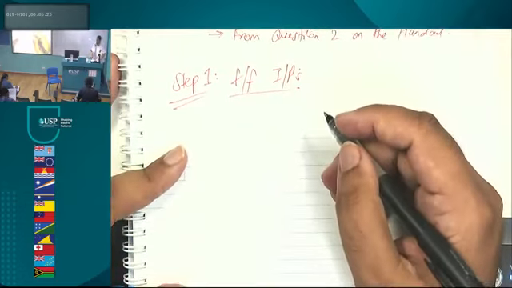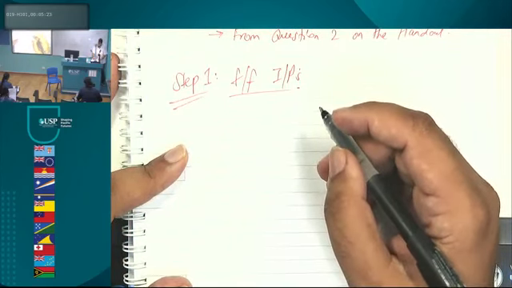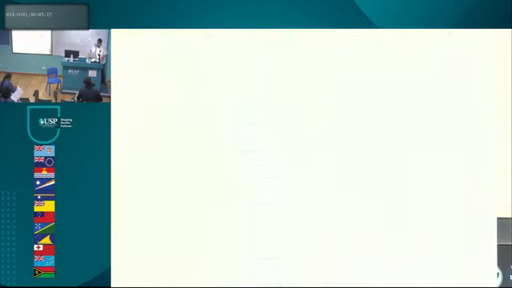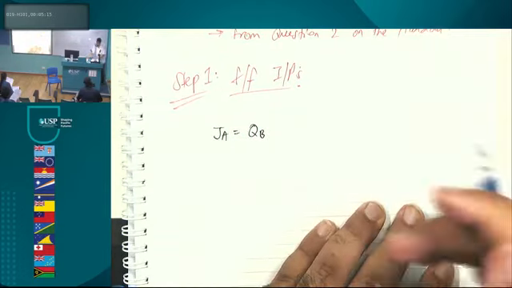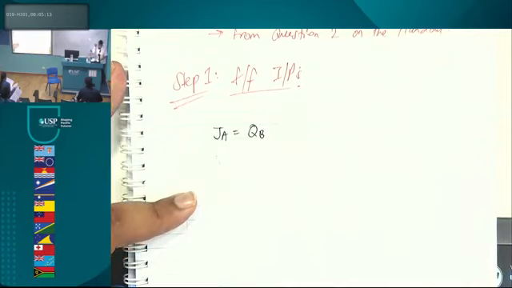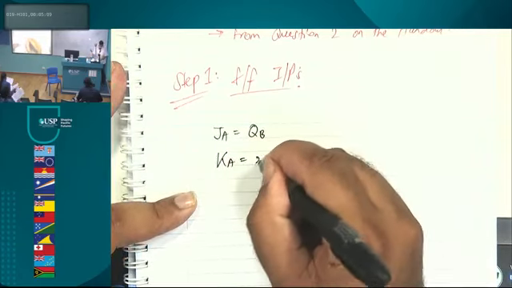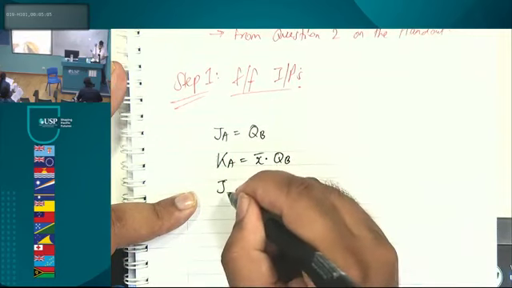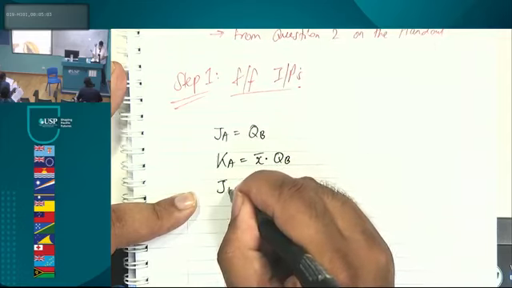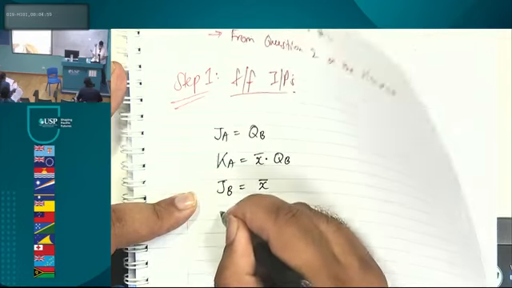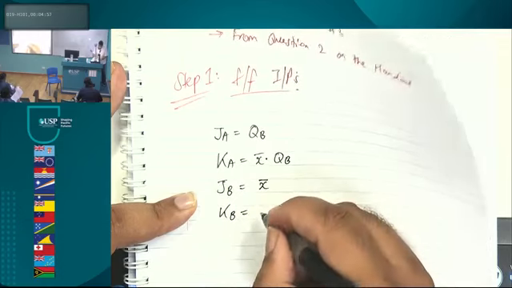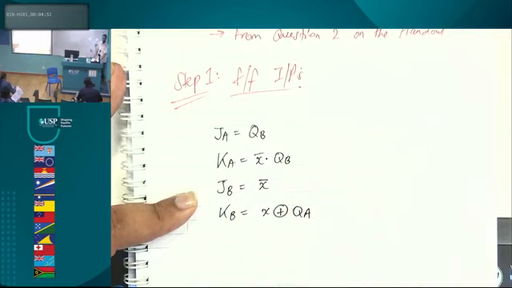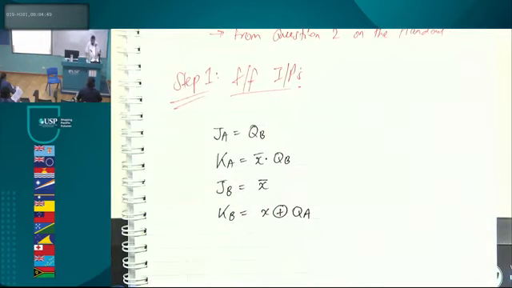We said JA is equal to QB. What else, guys? Tell me some more. KA is equal to X bar and QB. JB is equal to plain X bar. KB is equal to X XOR QA. Set? Everyone happy? All right, now next step, step 2.